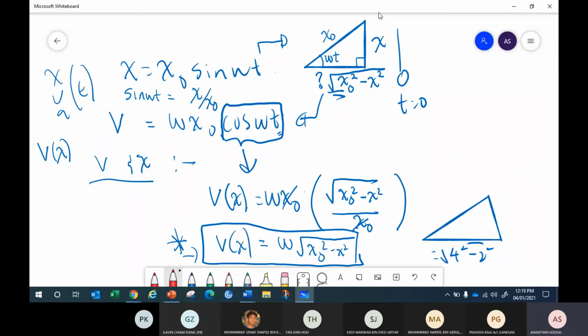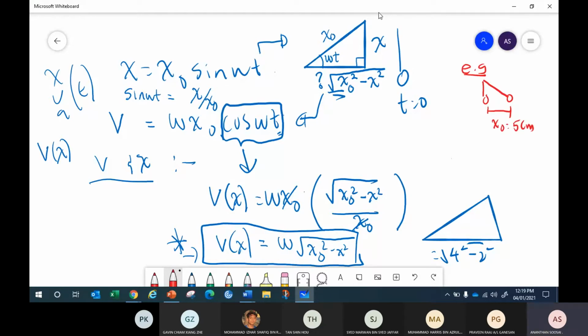Now this Vx formula, how are you going to use it? Let's say I ask a question, one example. Let's say you have a pendulum swinging with an amplitude of 5 cm.